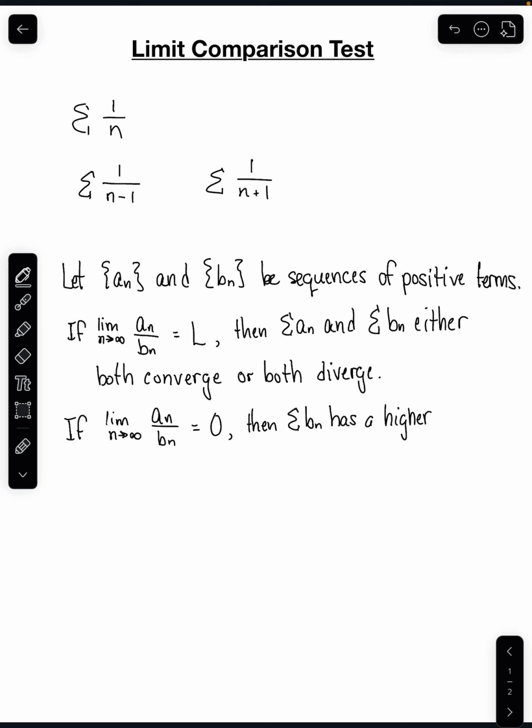Now, this is where we start seeing the similarities to the direct comparison test, because this is only going to help us if we know that b sub n, the series b sub n, converges.